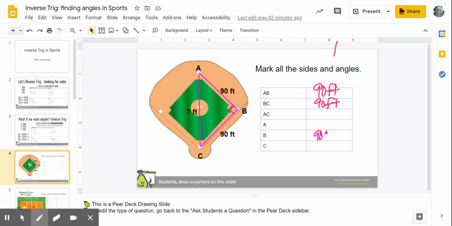We can do angles. So we're looking for angle A and angle C. They are definitely going to be acute angles for sure. What else do you know about those angles? They're going to be acute. They are physically small, so they're going to be less than 90 degrees. What else do you know?